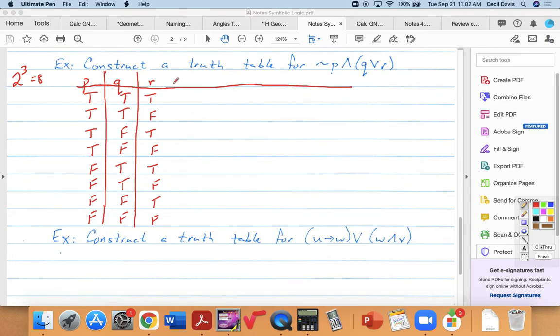So now we're going to start reading our sentence. It starts off with not P. So I have to have a column for not P. Not P is simply going to have the opposite truth values that column P has. So this will be false, false, false, false, true, true, true, true.